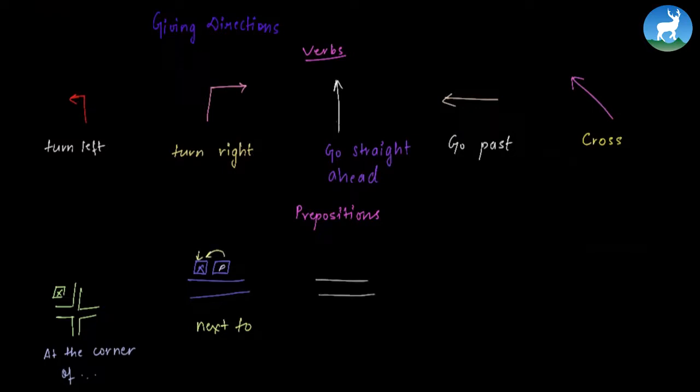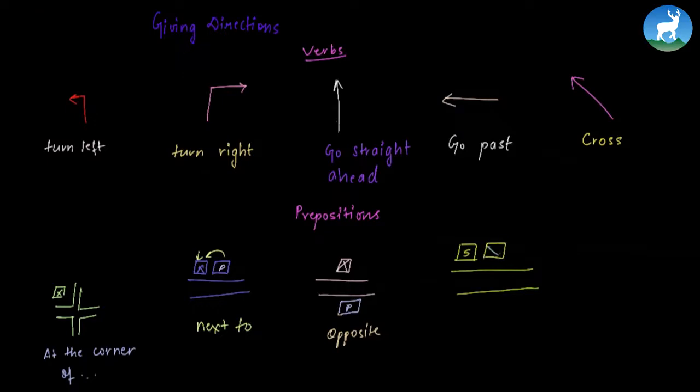Now here, this is the destination, and here is a post office. You can say your destination is opposite to the post office. So this is opposite. Suppose this is a school.